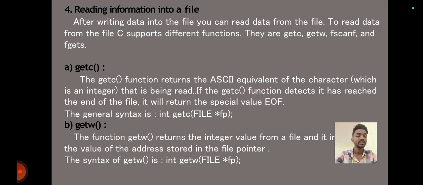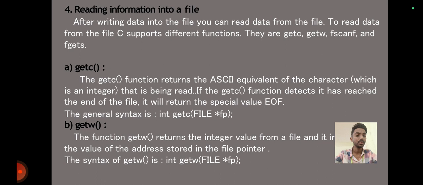First one, getc function. The getc function returns the ASCII equivalent of the character, which is an integer, that is being read. If the getc function detects it has reached the end of the file, it will return the special value of EOF. The general syntax is int getc(FILE *fp). getw.